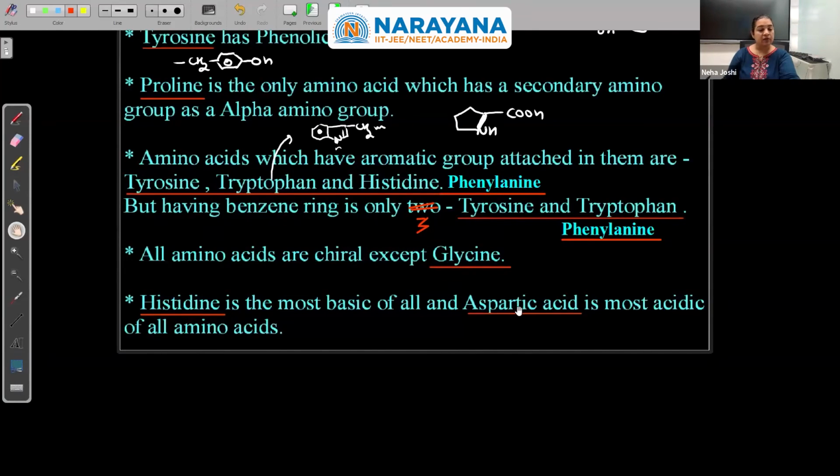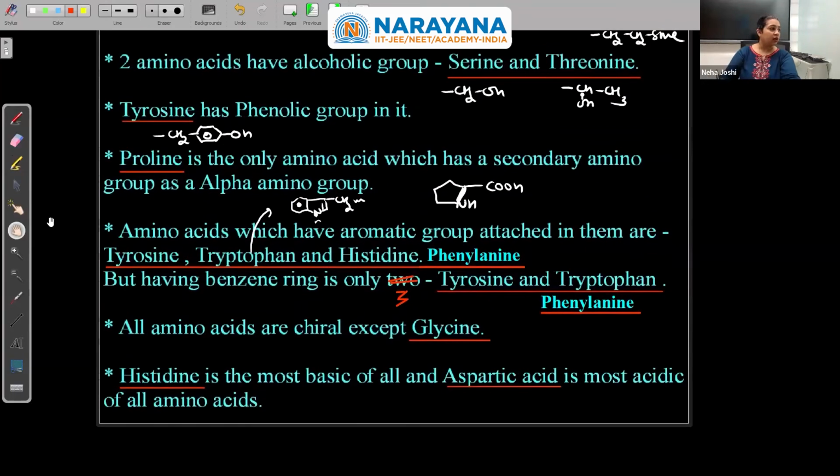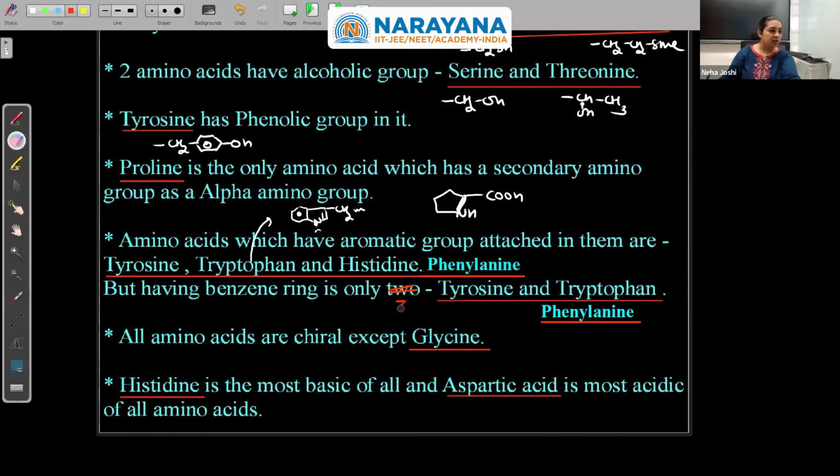Is that clear? No problem with this. I'm stopping at this page for a few seconds so that you can revise it all. And rather, I should refine this statement here. If I consider only benzene, then take only these 2.